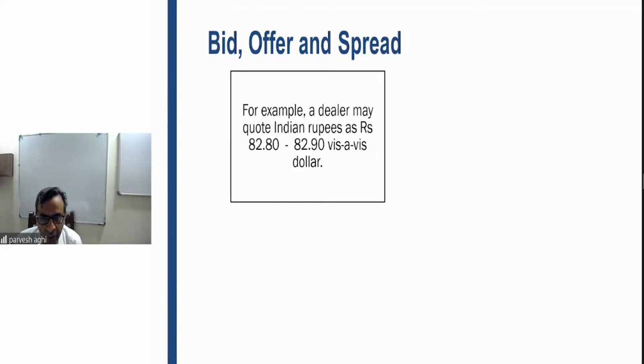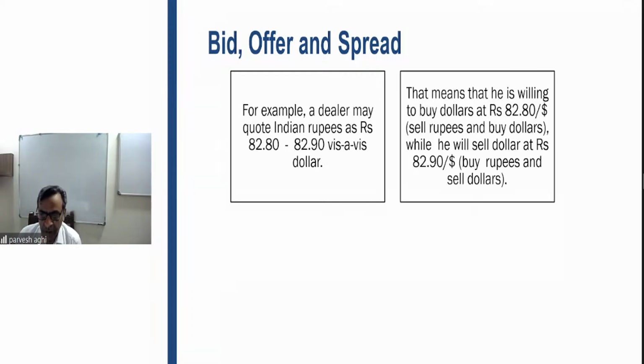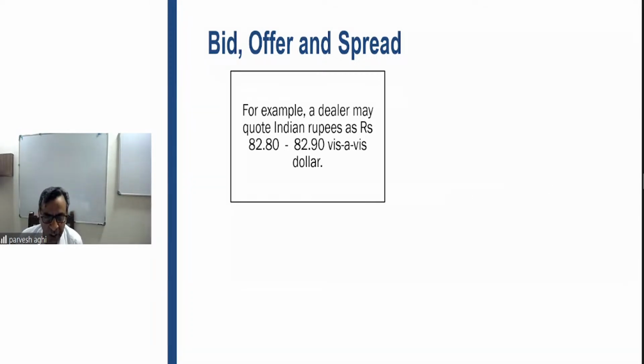The dealer doesn't know whether you want to sell dollars or buy dollars, so he'll give you two quotes. Which means 82.80 is his buying rate, and 82.90 is the dealer's selling rate. If the dealer wants to buy from you, he is going to give you 82.80.